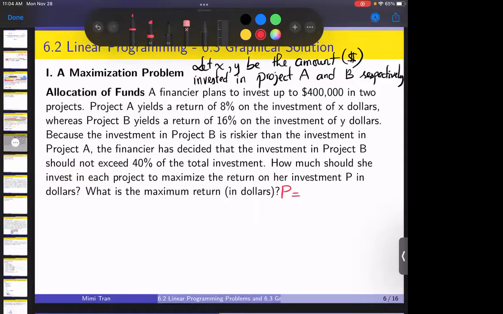It looks like it. Project A yields 8%. So what should I put here? Decimal, yeah, 0.08 X for project A, plus 0.16Y. I know it's not obvious in this one, but all right, one down, a few more to go.